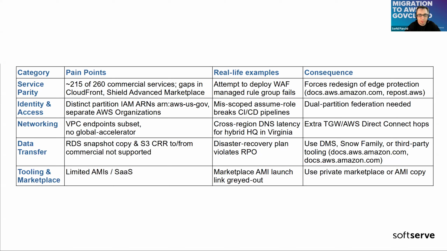Role assumptions between partitions are not trivial and can break pipelines. VPC endpoints are limited. Global services and replication don't always work. S3 and RDS snapshots cannot cross between partitions. This forces re-architecture. These examples illustrate why careful planning is essential.